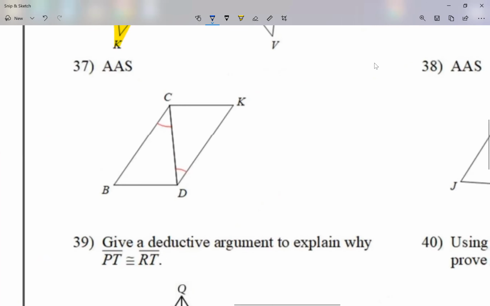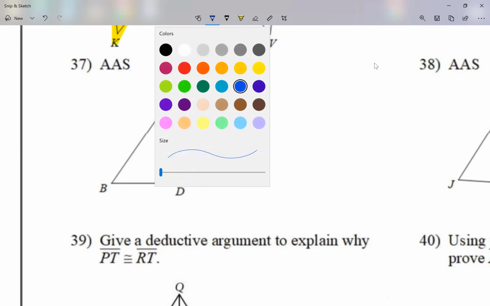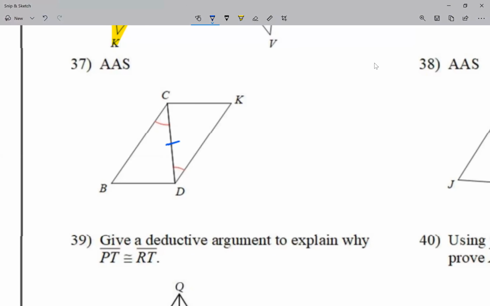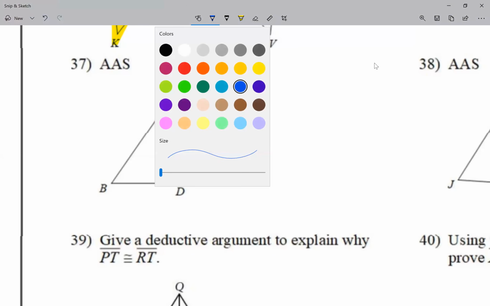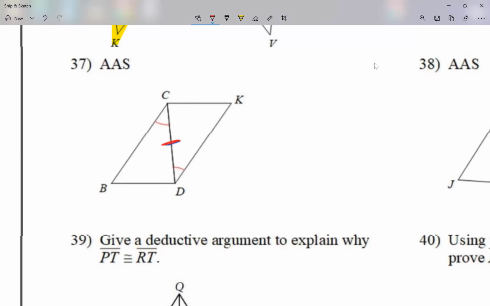Number 37, let's see, indirectly, I can mark this side. Oh, let me actually change it to red. I can mark that side because both triangles use it. Let me take a look at one triangle here. This is the triangle I'm looking at, and I need angle, angle, side. So I need two angles and one side. I already have the side.